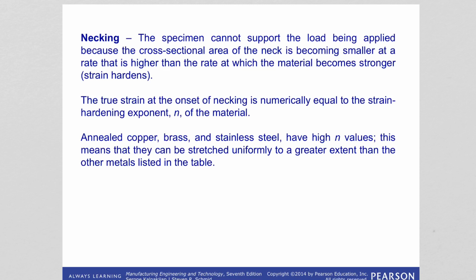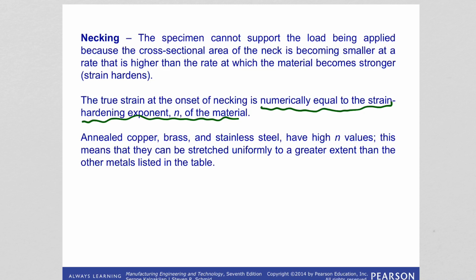The true strain at the onset of necking is numerically equal to the strain hardening exponent n. That means the higher the value of n, the higher the strain that a material can experience before it begins to neck.